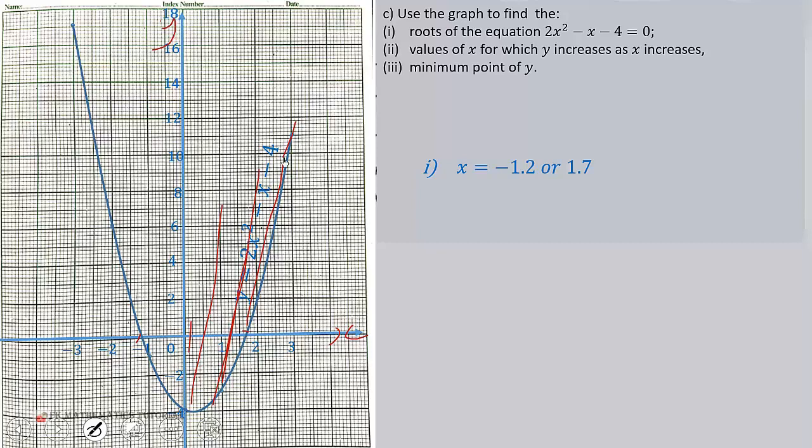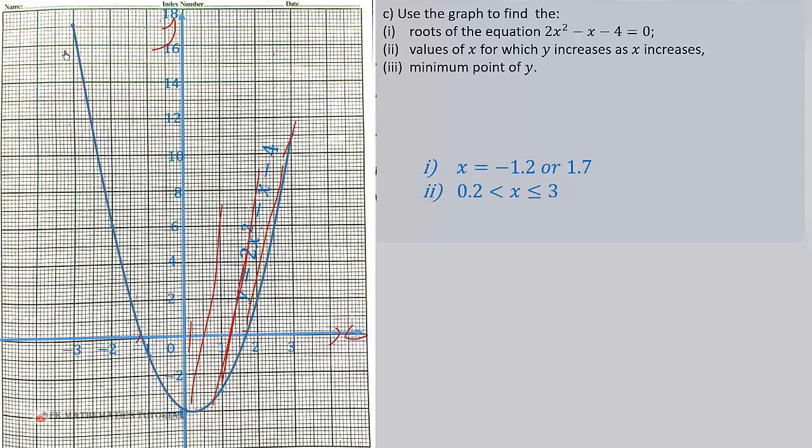From the least point of the graph, x is at the axis of symmetry there, which is 0.25 accurately. But reading from the graph, we have 0.2. So it is 0.2 is less than x is less than or equal to 3. On that interval, the graph is increasing as x is also increasing.